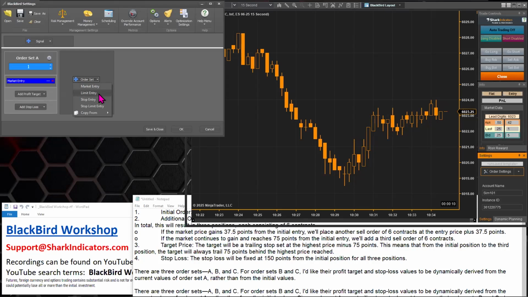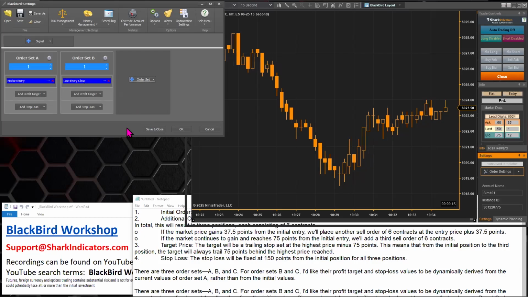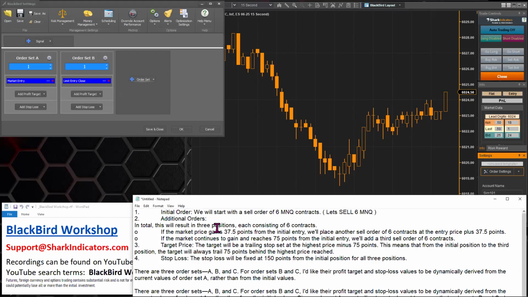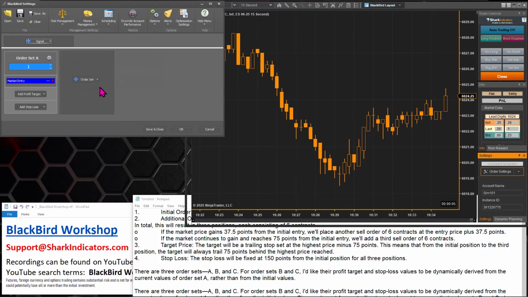With the limit entry, as the market pulls back, we'll have resting limit entry orders ready to go. But the other option is that I could use a market entry.